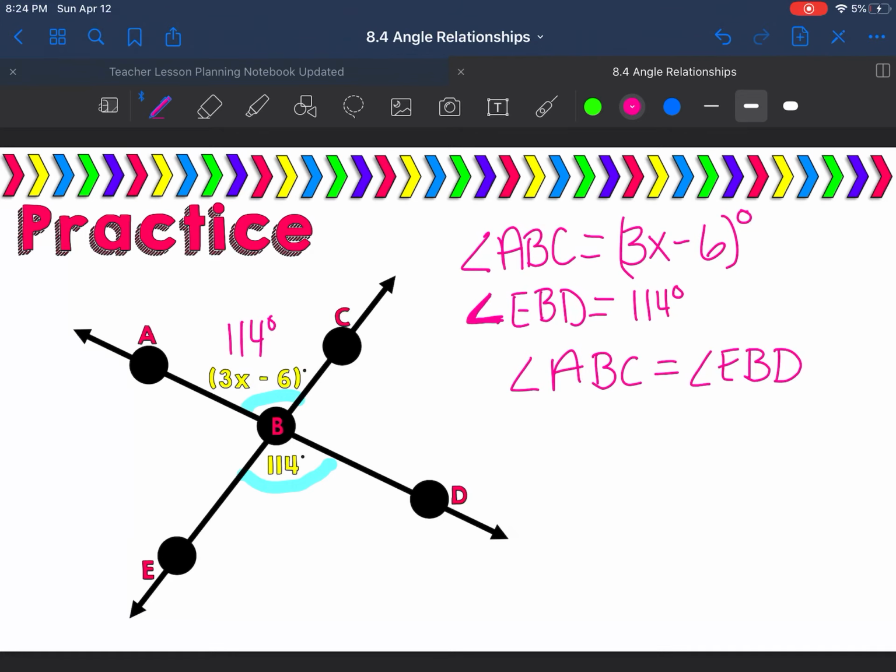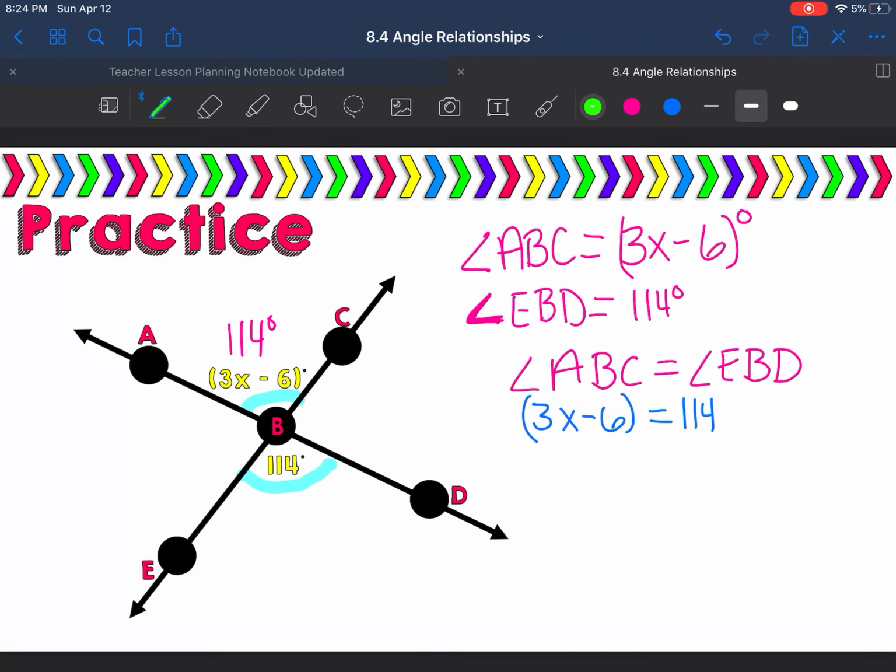But that's not what I want to know. I need to know, looking at angle ABC, what does my x equal? So in order to find that, I'm going to set my angle ABC, 3x minus 6, equal to angle EBD, 114. Now I have a two-step equation.